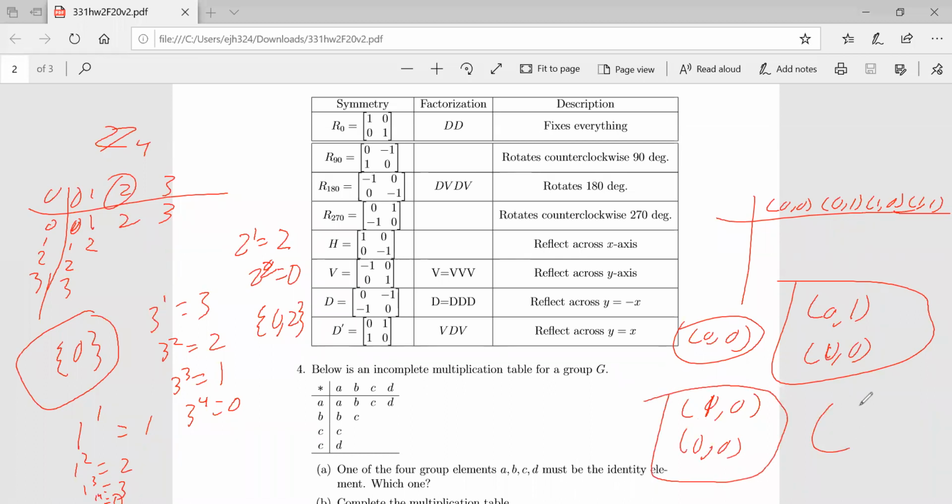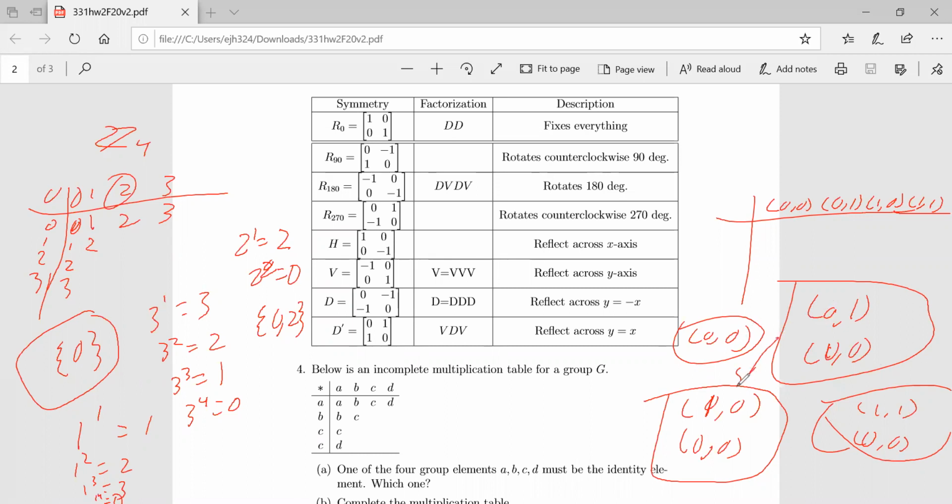That's its own proper subgroup, as is 1, 1, and 0, 0. That guy right there. All 4 of these are proper subgroups, and then we have the big group itself to get a 5th subgroup. Does that make sense?